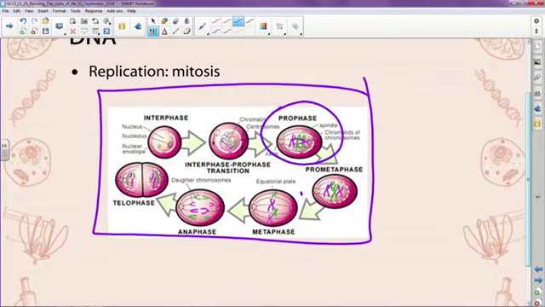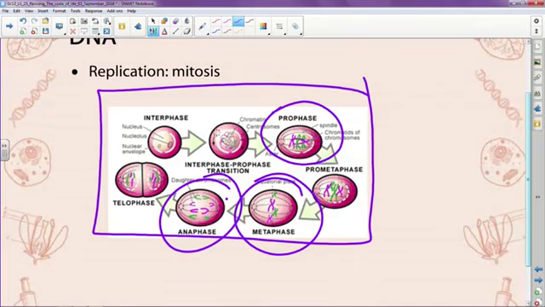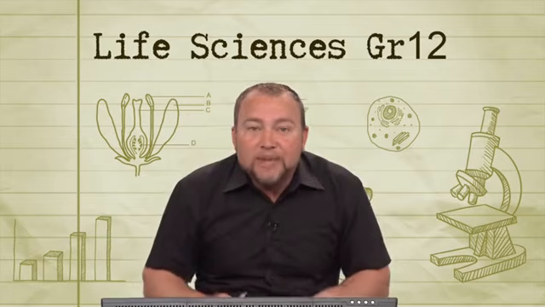Your metaphase is where they start lining up on the equator. Your anaphase is where they're pulled to the different poles, and then the telophase is where you get cytokinesis, which makes two different cells. So that's how it works.